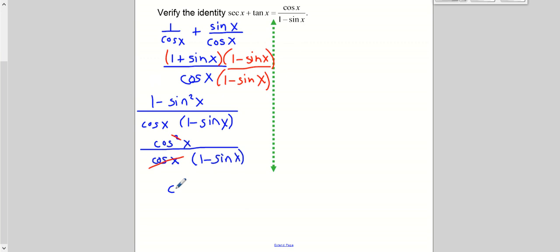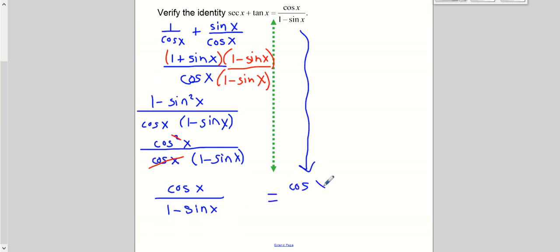So it's just cosine x over, this is gone, 1 minus sine x. Look. Ta-da! We did it. Okay, that one was a little harder.